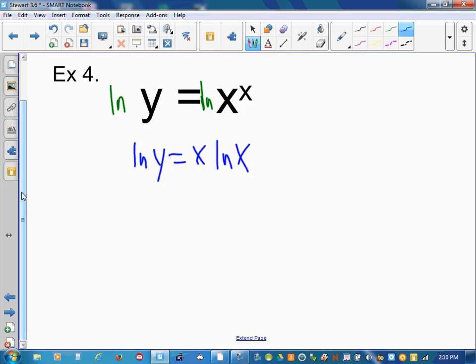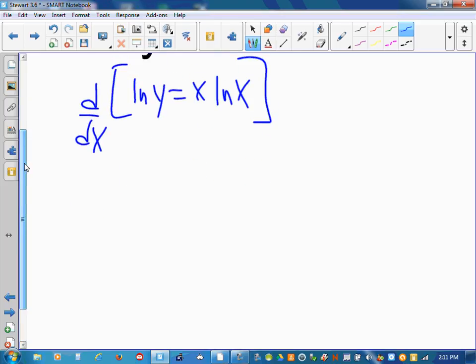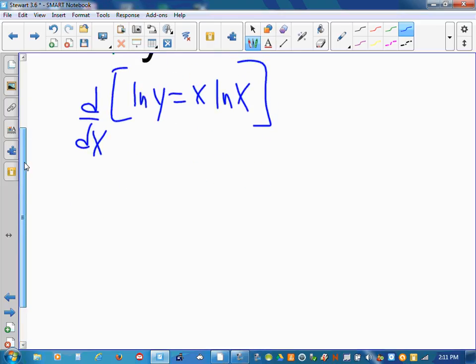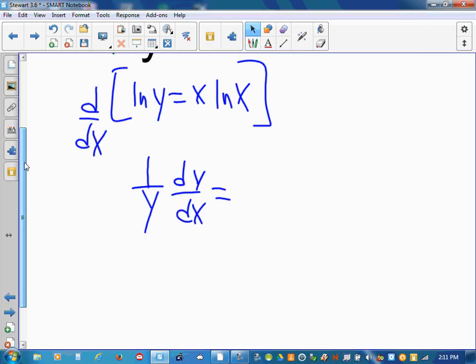Now we can go ahead and take the derivative of all of this with respect to x. The first one we can't do directly, but I can take the derivative of natural log of y. The derivative of natural log of y is 1 over y, but I have an inside function, so I tack on dy/dx. That equals, now I do the what rule?